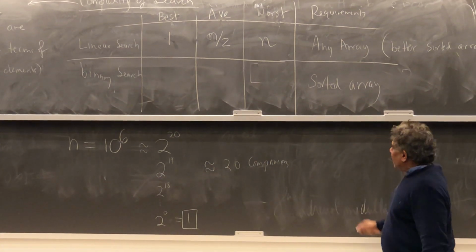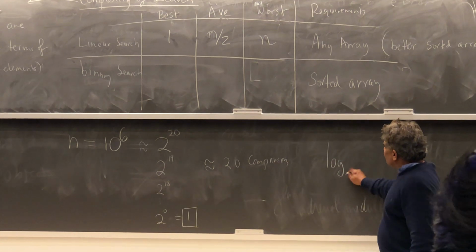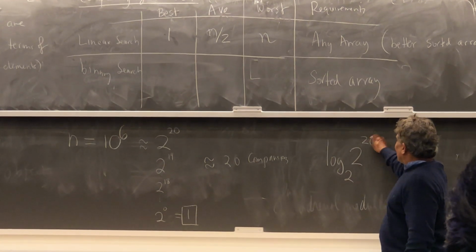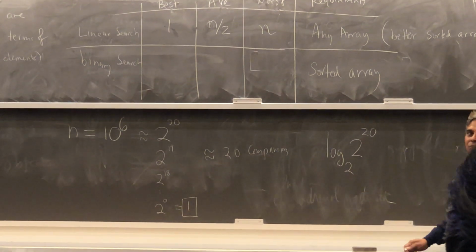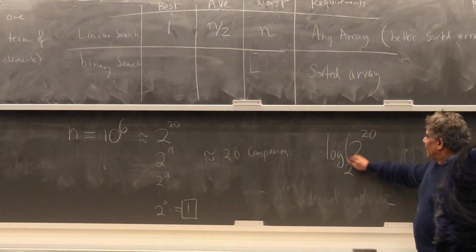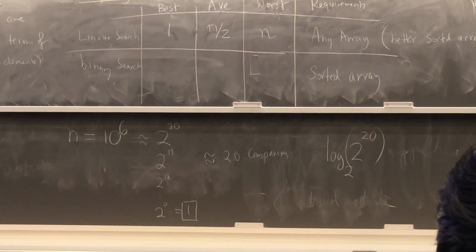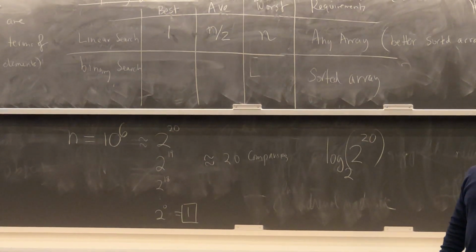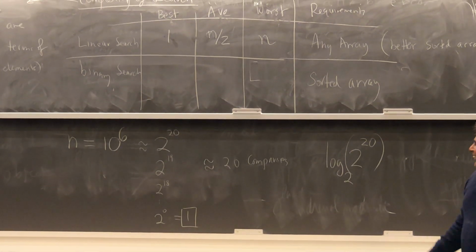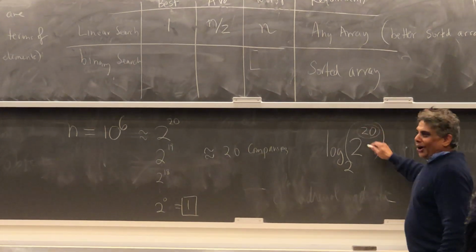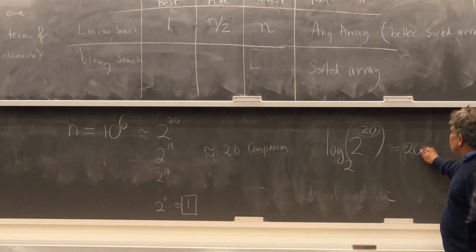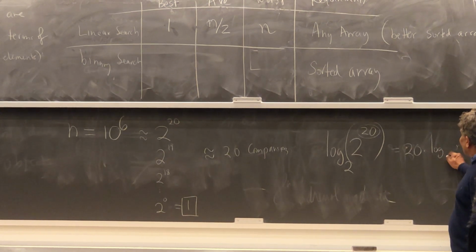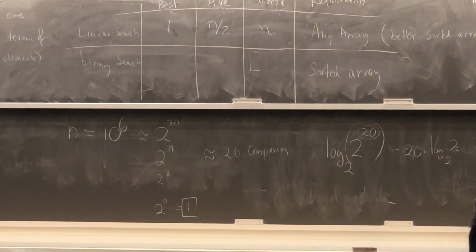Now let's try to find out this relationship. If you take the log base 2 of 2 to the 20, how can I simplify this? You should know this. It's 20. You can take the exponent out, so this is 20 times log base 2 of 2.